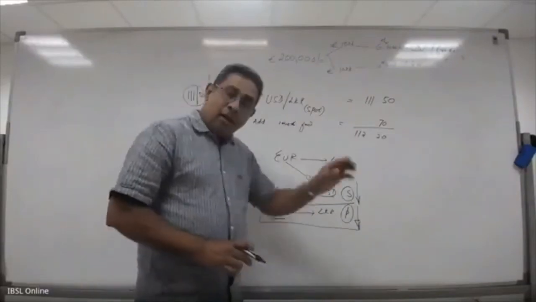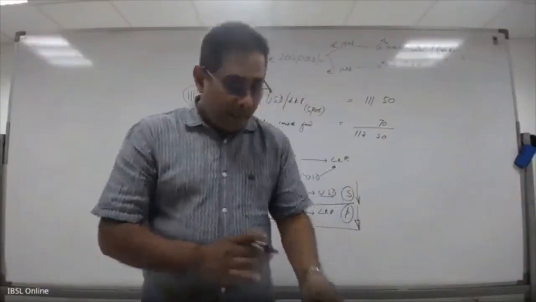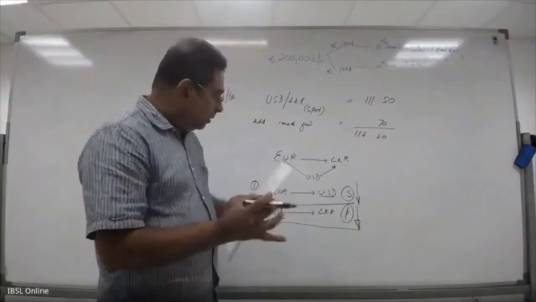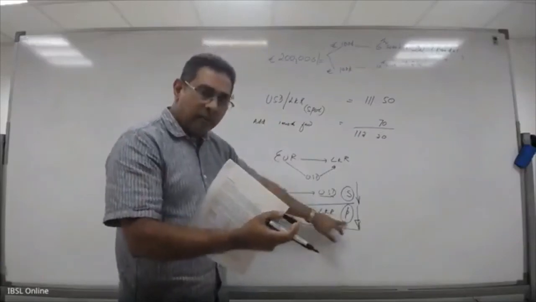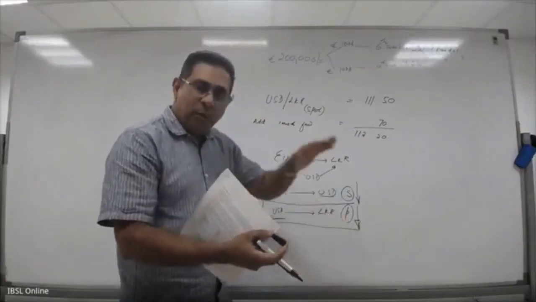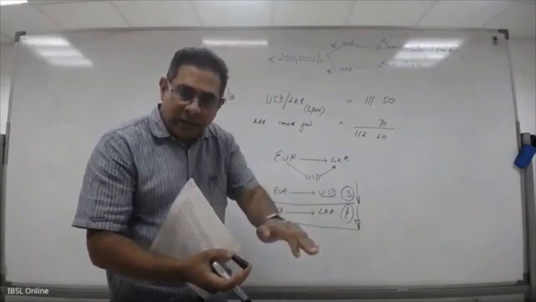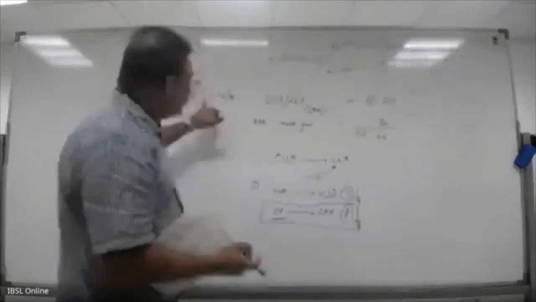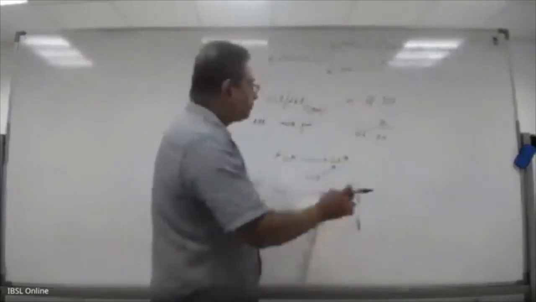USD to LKR, look at the grid. Here, for the export leg, it's seen as a purchase. So when you purchase, you take the lower rate. That is why 111.50 instead of 111.60. That is explained now.